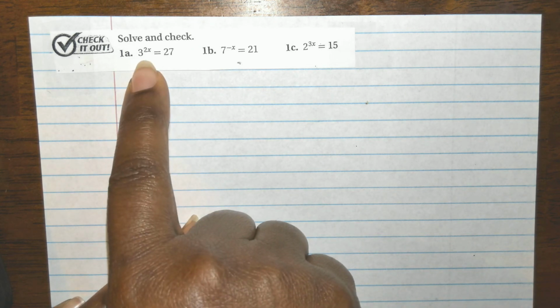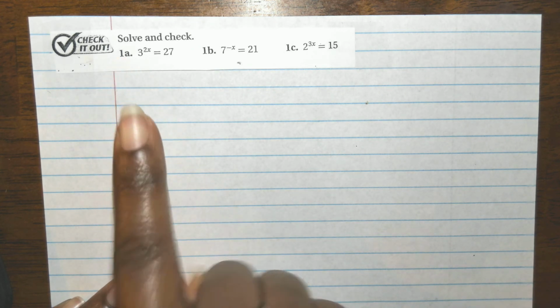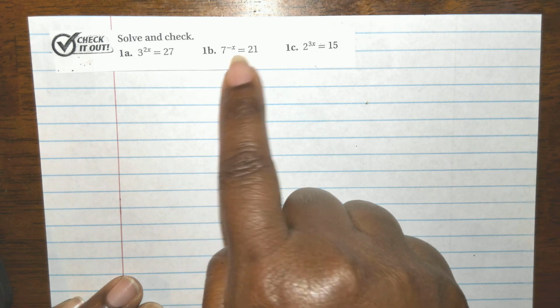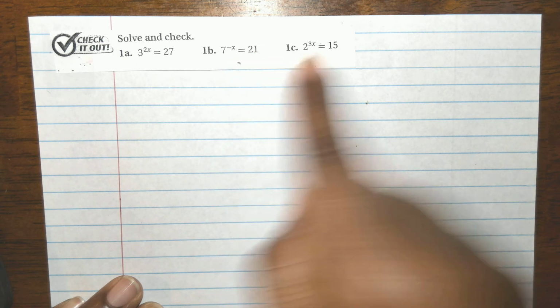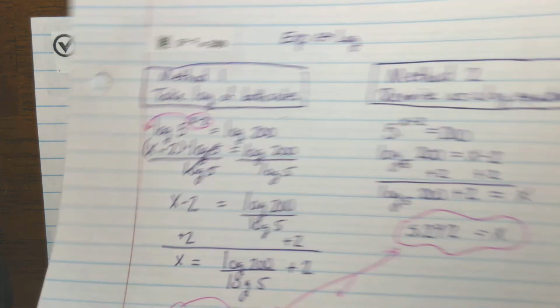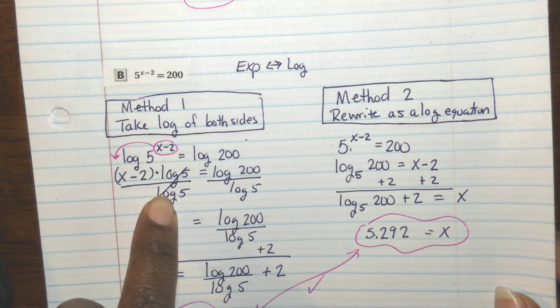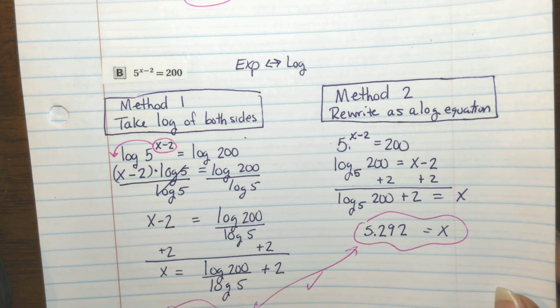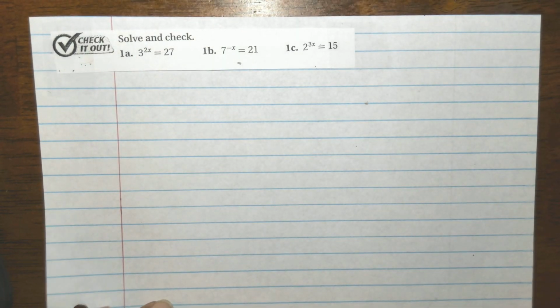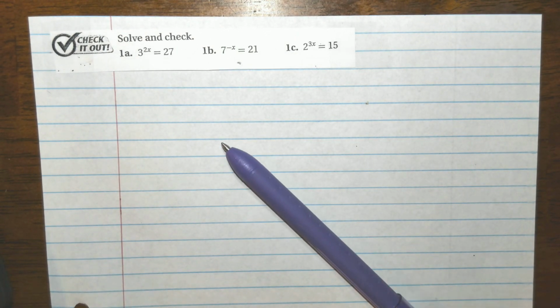So the first problem is going to be like example number 1. The second and third problems you can do using our second examples. I suggest that you try one using each method to see which one you like better. So pause the video here, and then I'll come back with the answers.